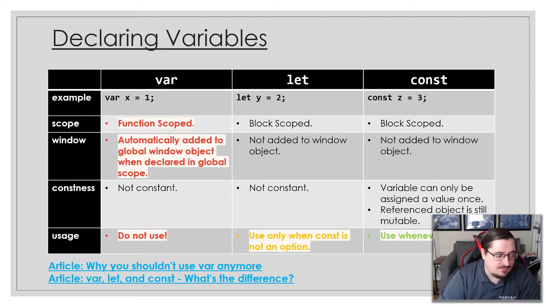There are cases, obviously, where you do need to reassign the variable, in which case let would be your second choice. If const isn't an option, if you can't rejigger your code to be const, then use let. But you should try to use const whenever you can, even if that means changing your code.